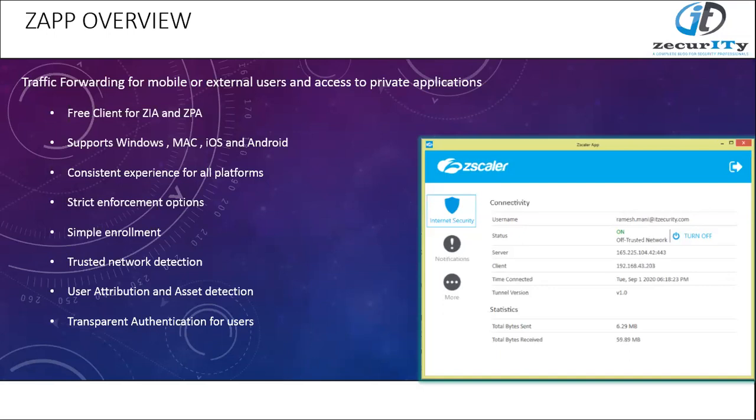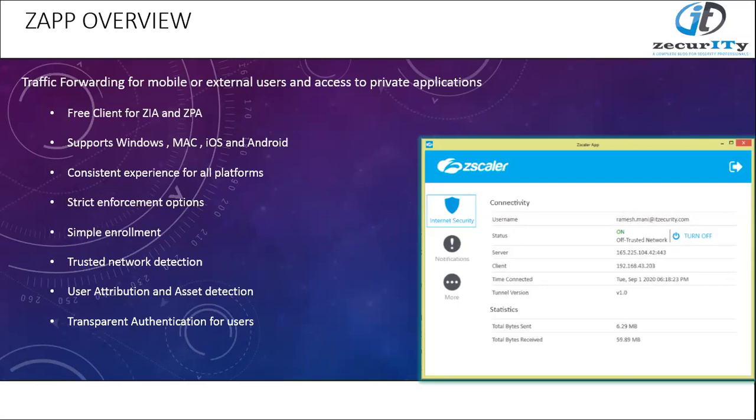Also, there is an option called strict enforcement, where you can access the external resources or the internal resources only after authenticating the users. The enrollment method is very simple. There are options like whether you are connecting from office or from home, which can be identified using a mechanism called trusted network detection.